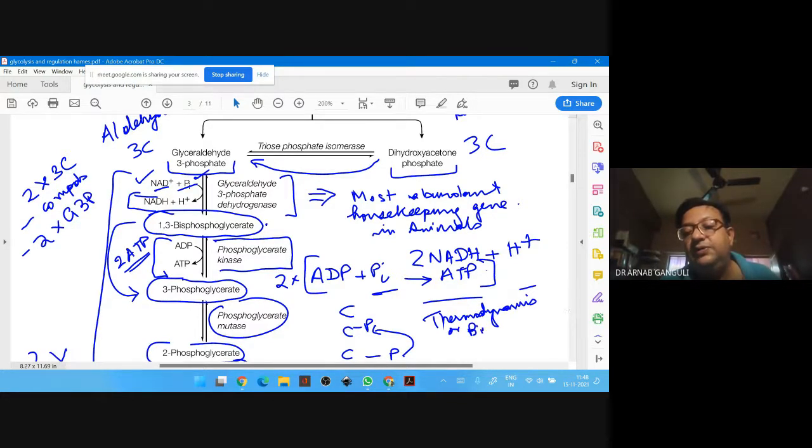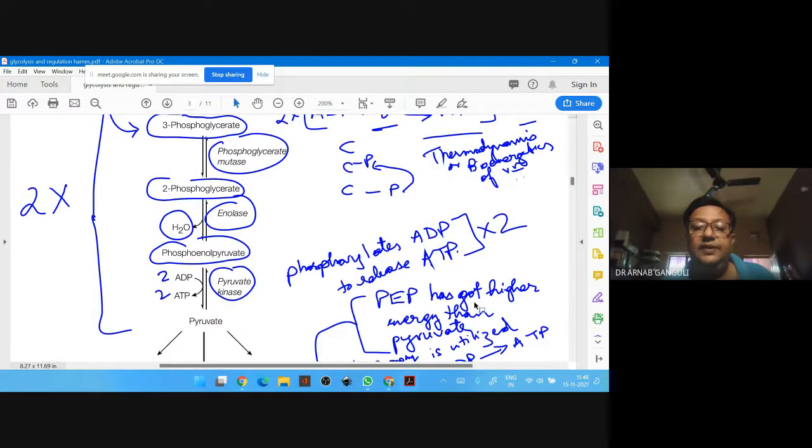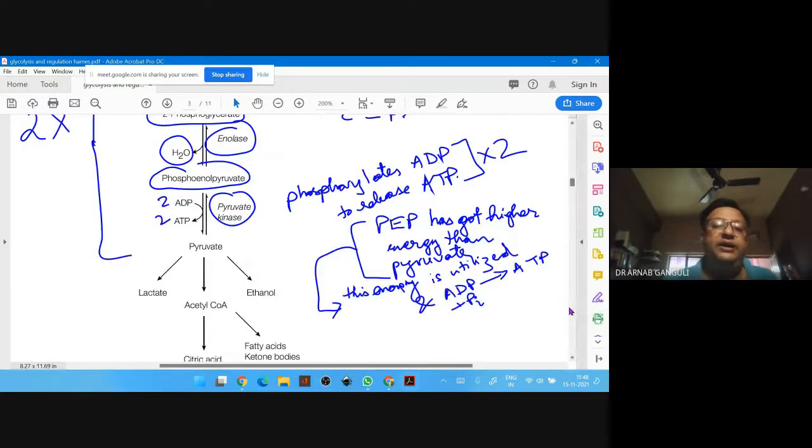Or bioenergetics of the reaction. So what is the end product? You have pyruvate. And what do you find? You have utilized 2 ATP.